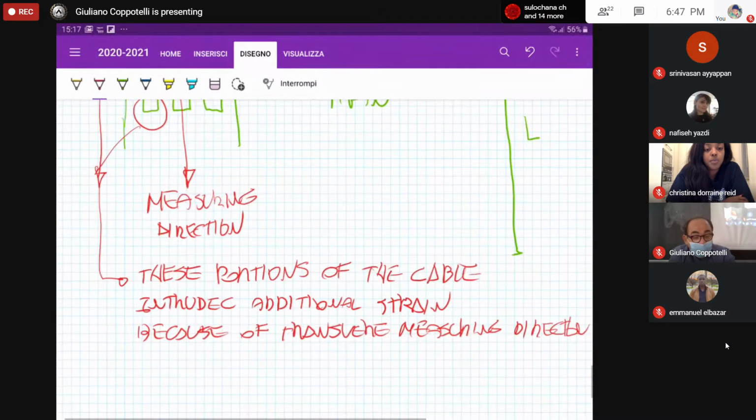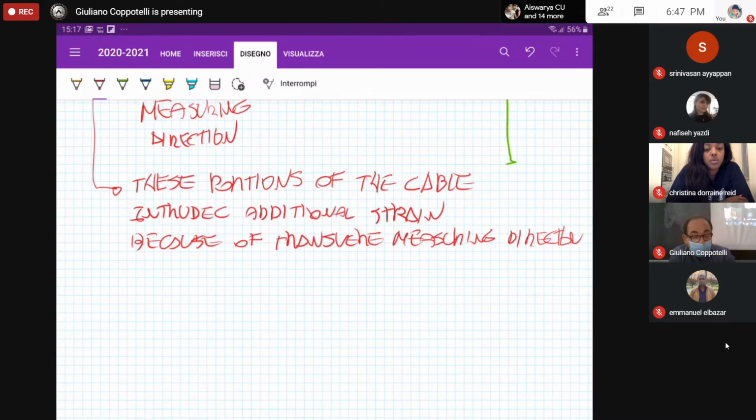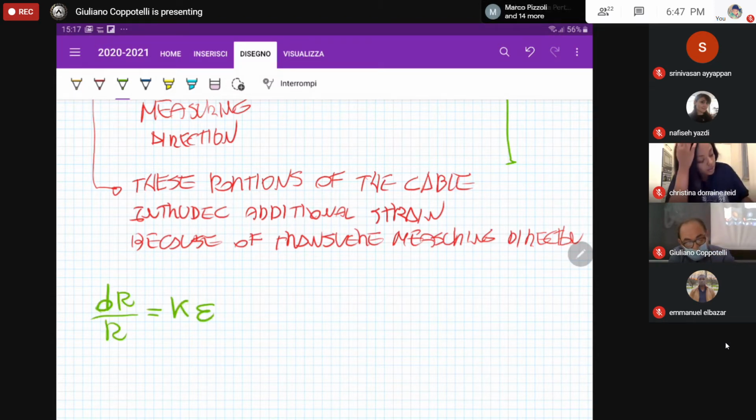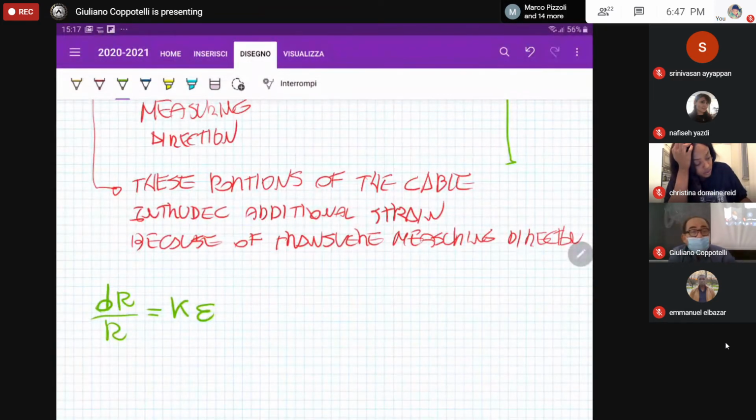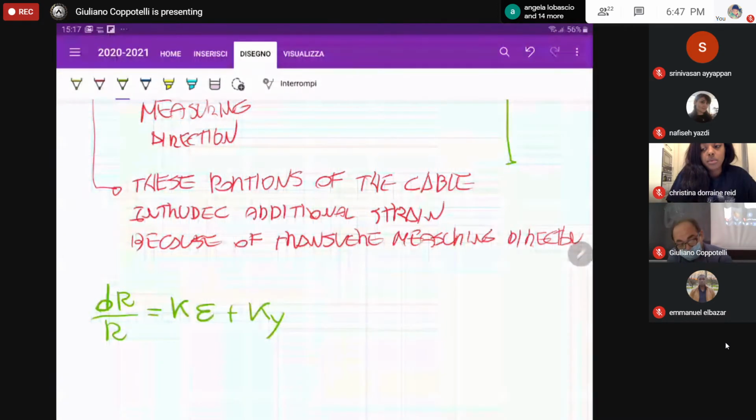Okay, how can we write that? We have to recall the basic equation that we got so far, that I'm going to rewrite here: dR over R equal to K epsilon, and then we have to add the additional contribution because of the transverse measuring direction, because of the configuration. So plus, let me call that Ky epsilon y.